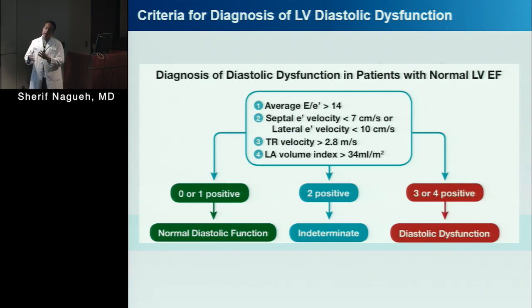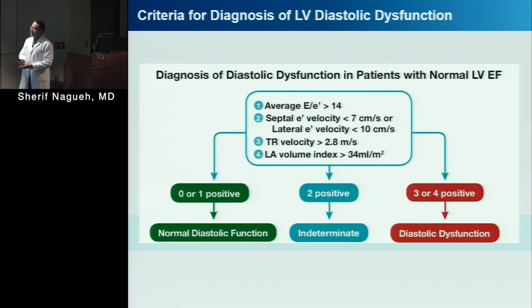Some of that came from normal data that included select groups that did not discriminate based on complete absence of disease or whether an individual is an athlete or not. So in athletes, if we index LA volume to BSA, you end up with pretty large values. We may see 40, 45, even 50, and that is not abnormal.